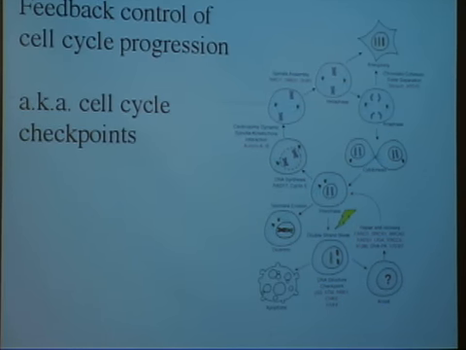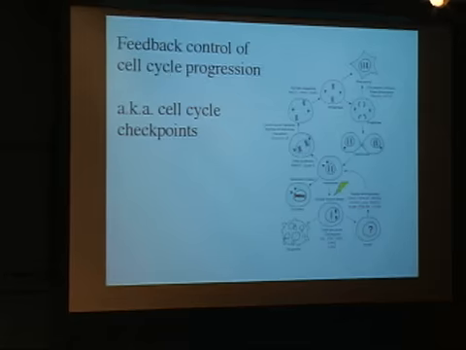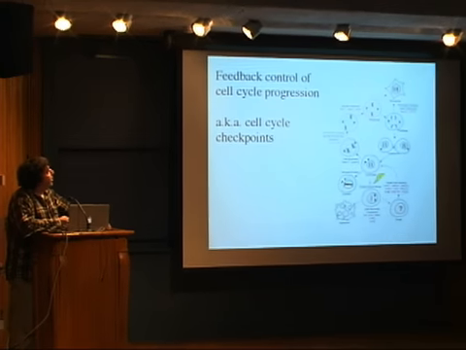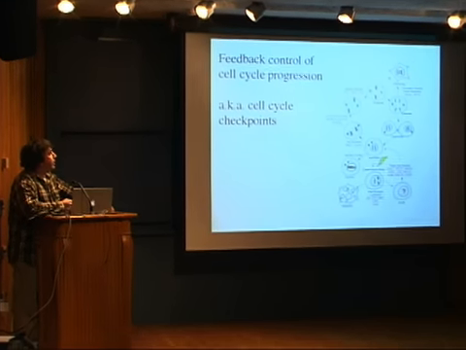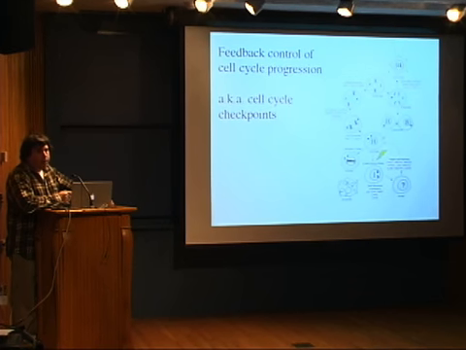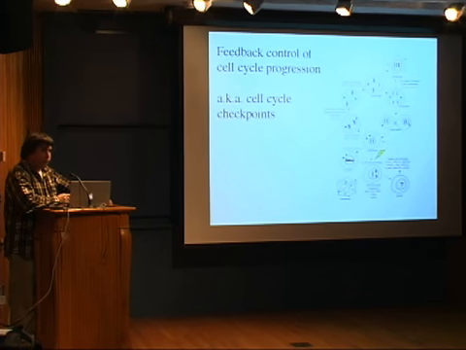Okay, so that in general is the function of checkpoints. And another way of thinking about checkpoints then is the idea that they provide a feedback control on cell cycle progression.